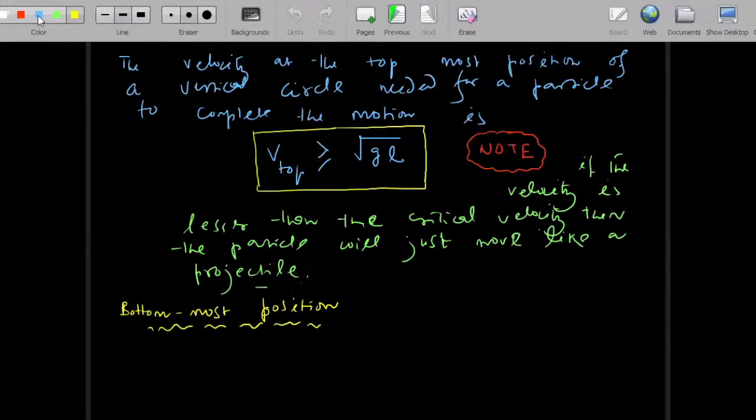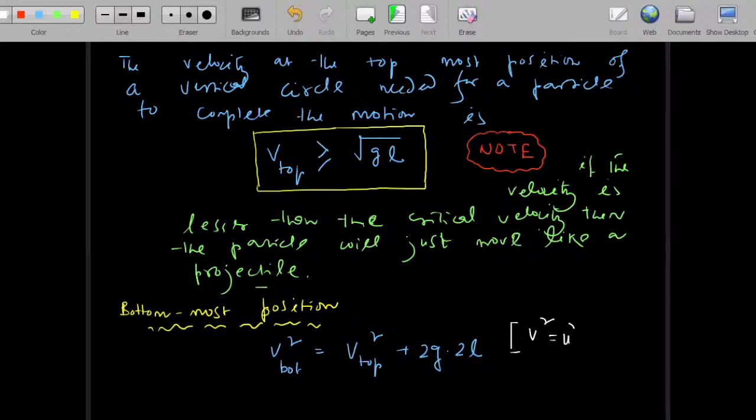So can I write V bottom square is equal to V top square plus 2g into 2L? This I am taking from where?